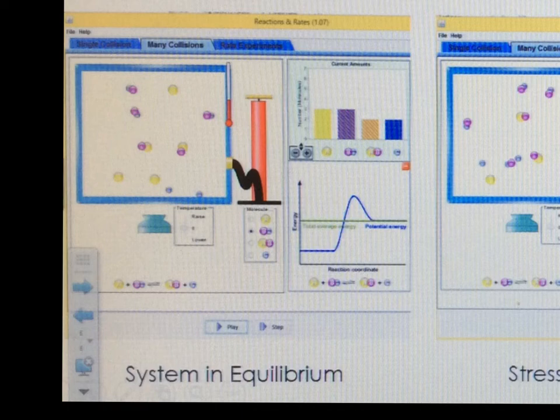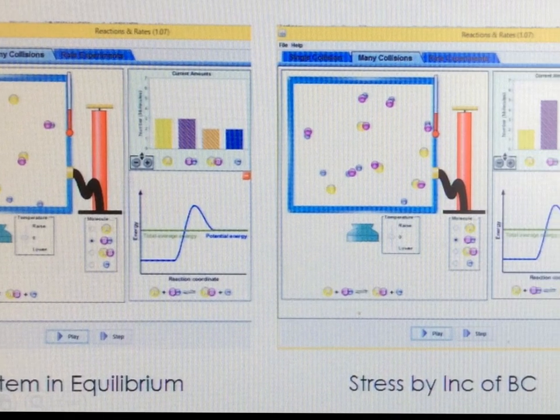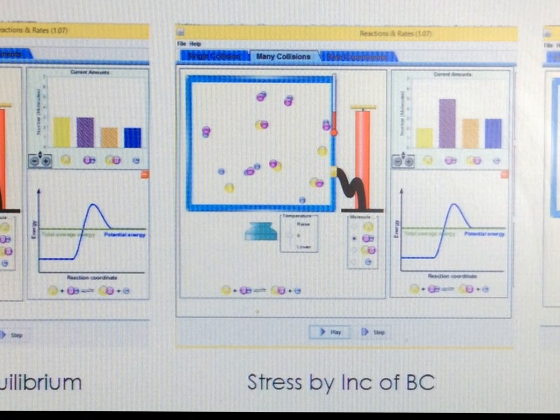Now, if we shift this over, I want you to look at the amounts. When we stress the system by increasing our BC, that's this guy, BC, we increase more of it. Look what happens to our products. Our products have increased compared to here, okay?